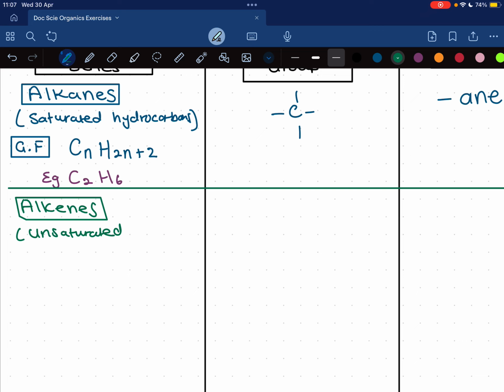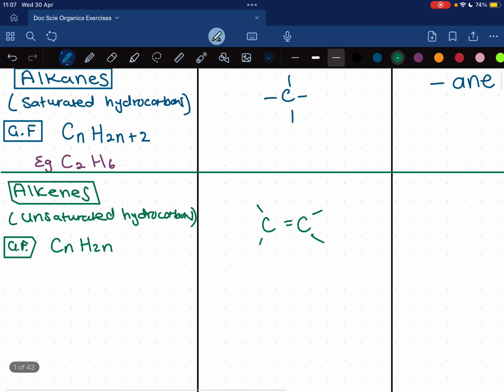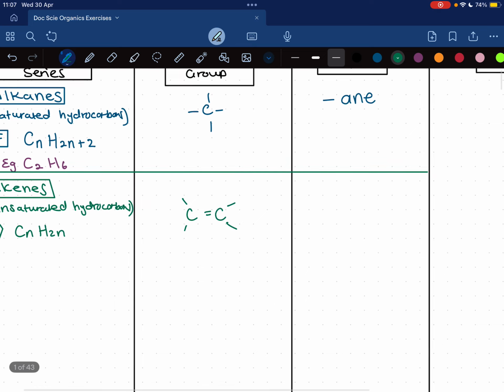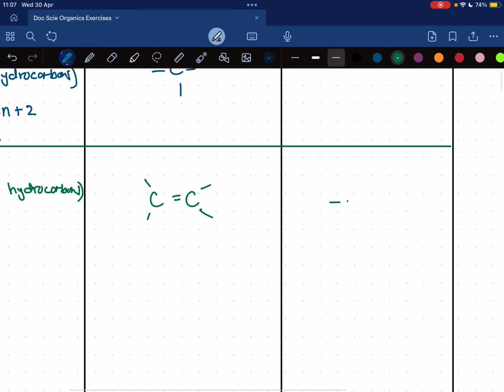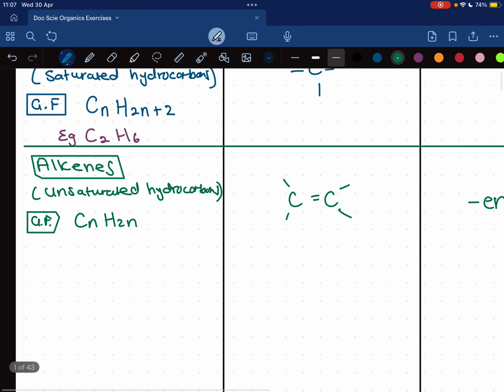And they have a general formula of CnH2n. The functional group is a double bond between the carbons, and the suffix that it will end in is going to be ene, like alkene.